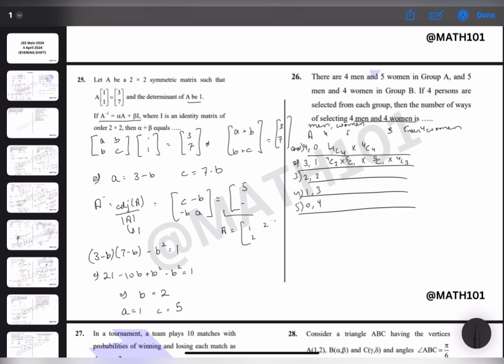2 men 2 women from both the groups, which is 4C2 into 5C2.